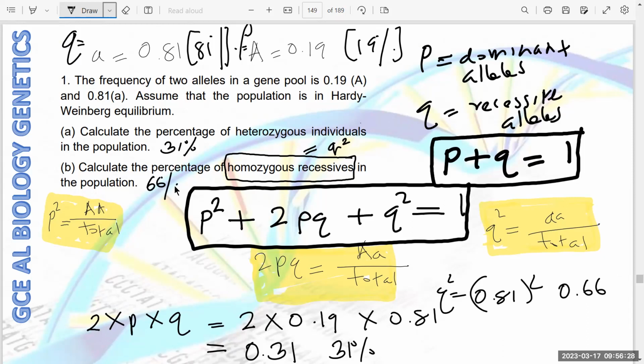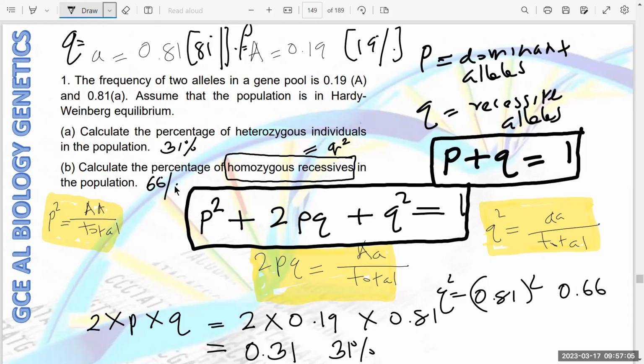In this example, if we are provided the allele frequency of the dominant one and the allele frequency of the recessive one, we can calculate the people in the population that have homozygous dominant, homozygous recessive, and heterozygous genotypes. This is one example of a Hardy-Weinberg calculation.